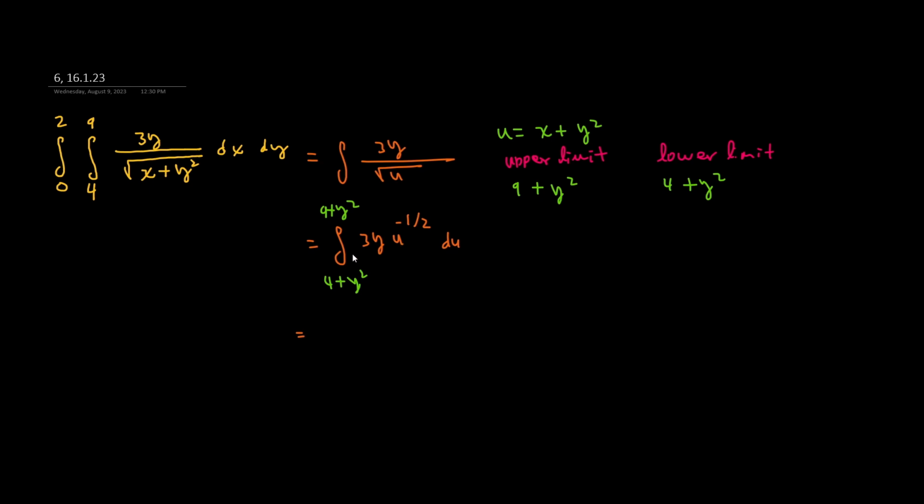To simplify even more, we can bring the 3 times y to the front, and we're just going to integrate with respect to u. That will give us u to the positive 1/2, because negative 1/2 plus 1 is 1/2, all divided by 1/2, which is just equal to 2 times u to the 1/2 power.